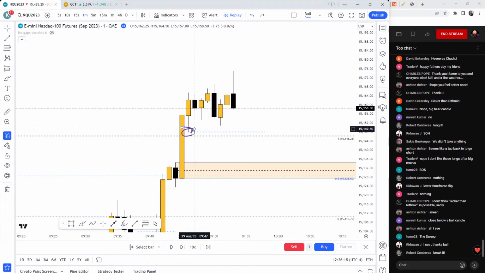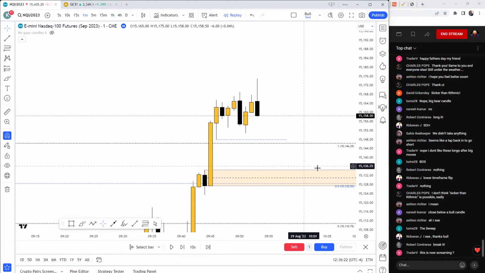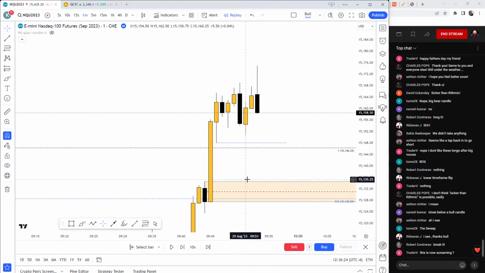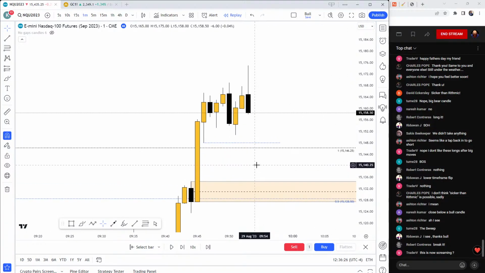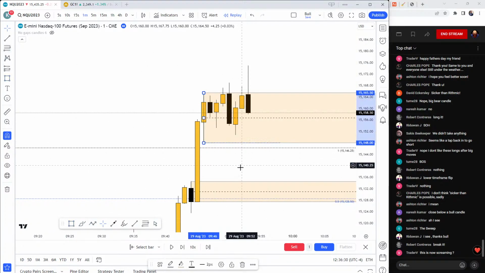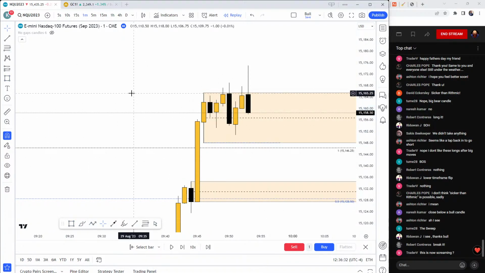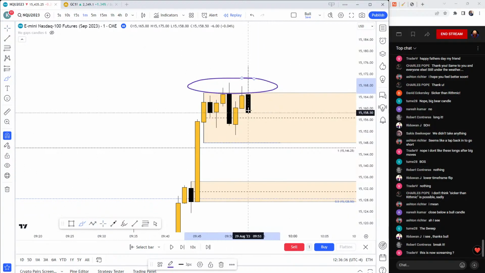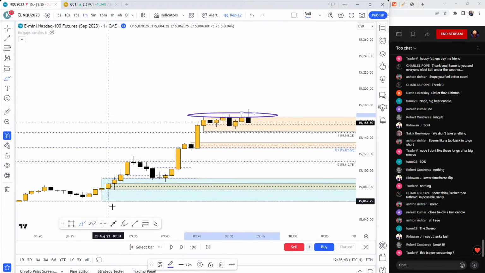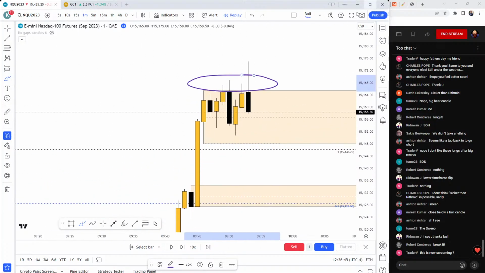The challenging part about these days is that, no, it's not. You have a range here. Right? So your smaller time frame range, we're shorting the top of it. Not in this situation. Why? We're screaming bullish.